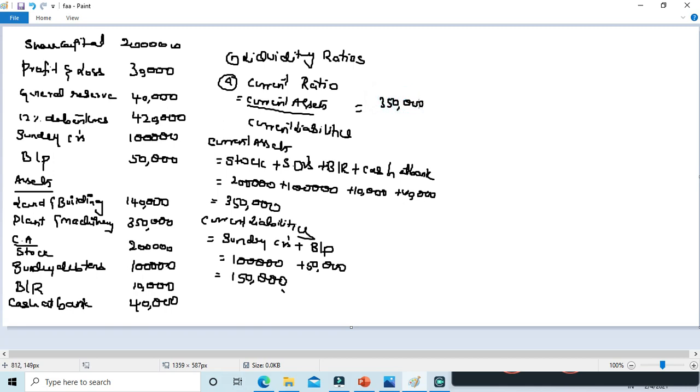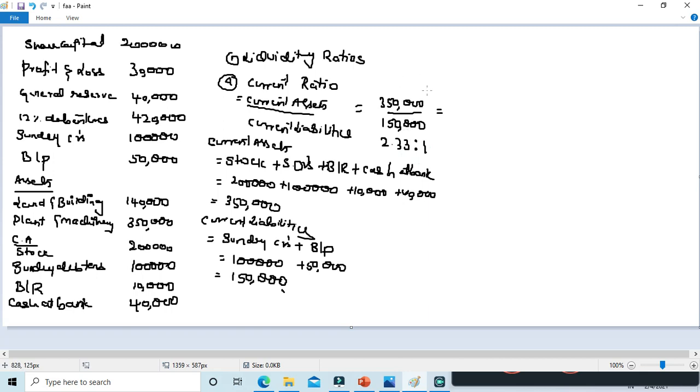Quick ratio, the formula is current assets minus stock minus prepaid expenses, if at all any are there, divided by current liabilities minus BOD. I'm just writing the short form. BOD is nothing but your bank overdraft. Current assets, how much did we get in total? 3,50,000 minus stock. Stock is how much? 2 lakhs.